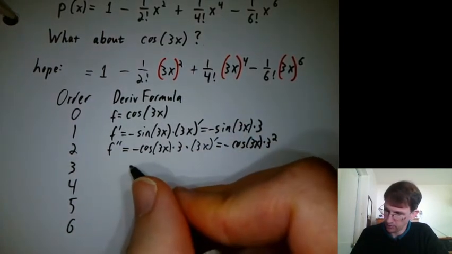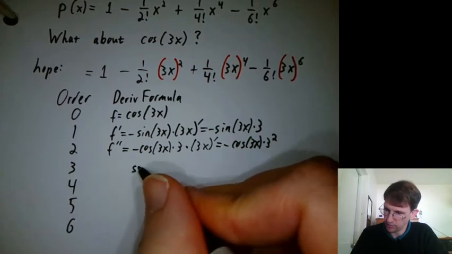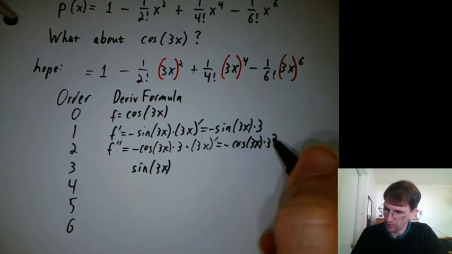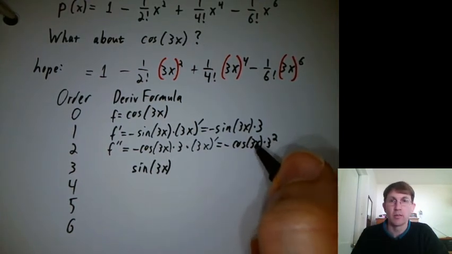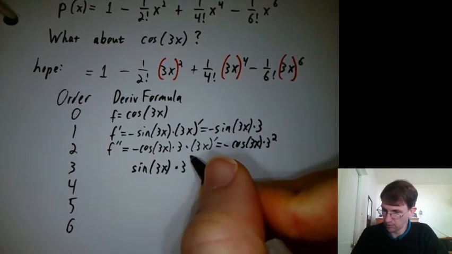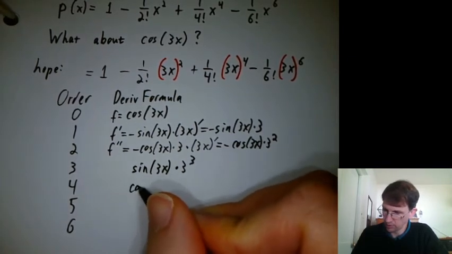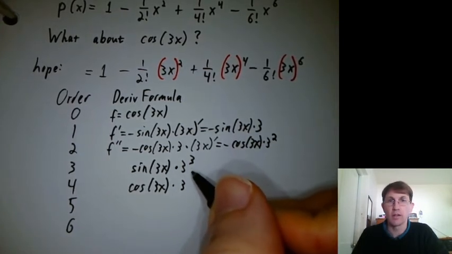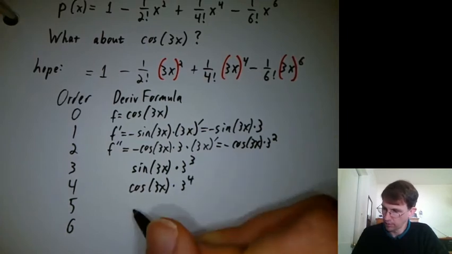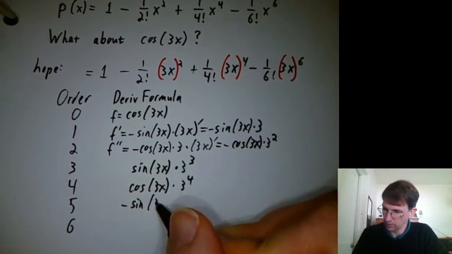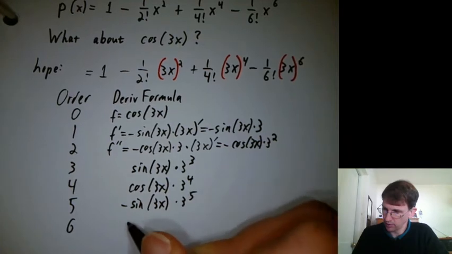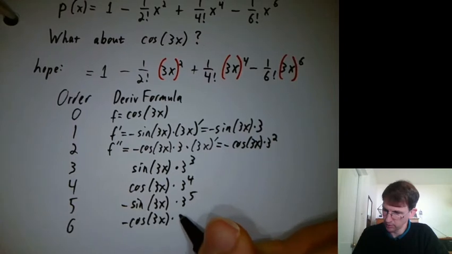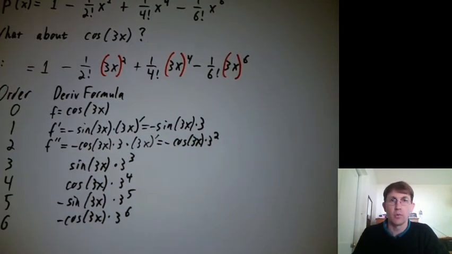The negative cosine derivative is going to give us a positive sine 3x, and then the 3 squared plus another 3 from the chain rule is going to give us times 3 cubed, and then cosine 3x. We have 3 factors of 3 now. We're going to have 4, and then negative sine 3x times 3 to the 5th, and negative cosine 3x times 3 to the 6th. Phew.